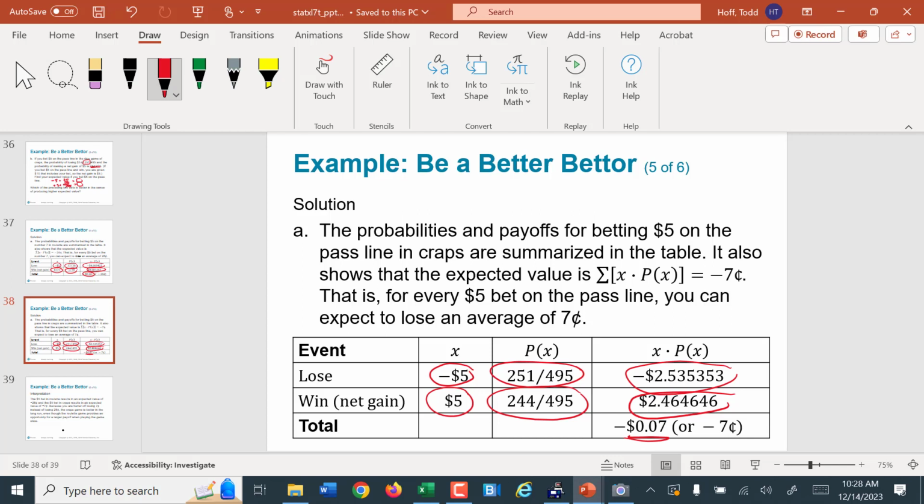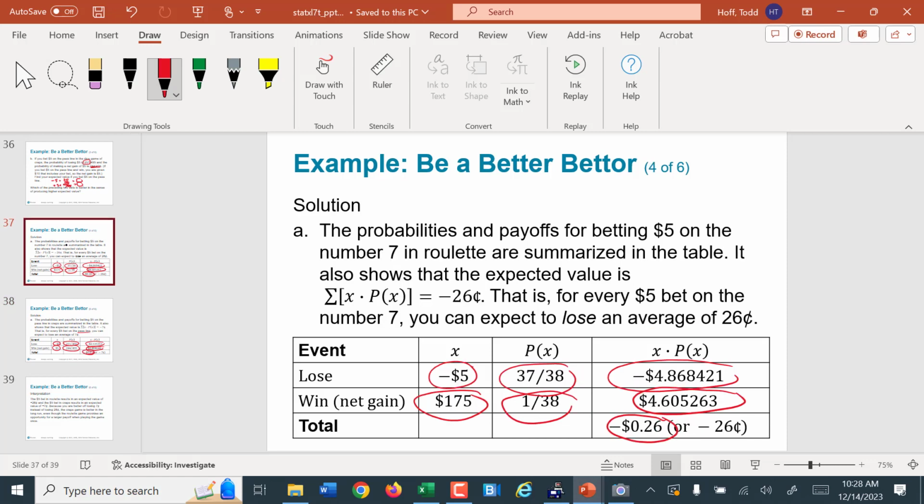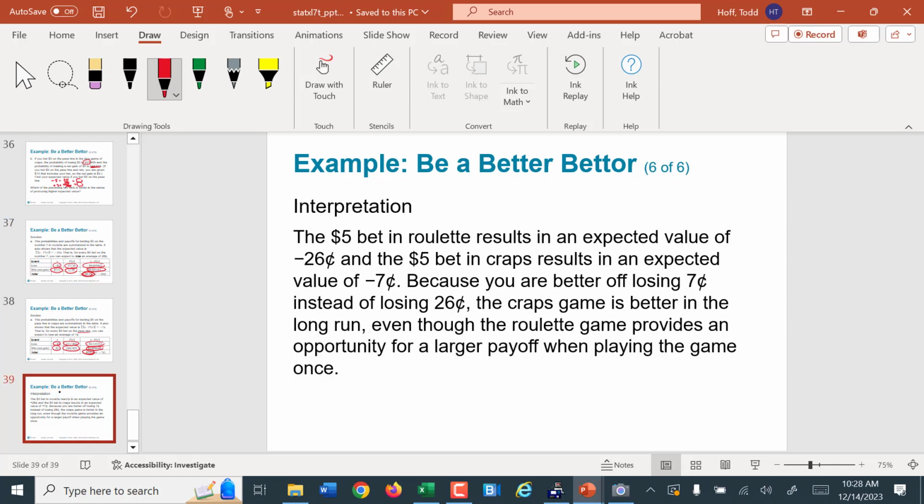So if you bet $5 on the pass line in craps, on average you would lose 7 cents, whereas betting 7 on the roulette wheel, on average you would lose 26 cents per time. So your better bet is to bet pass in craps. Either way, you're going to lose. Like I said, this is how the casinos make their money. They set these so that it's a negative expected value so that in the long run, you're going to average out to a loss in those games.